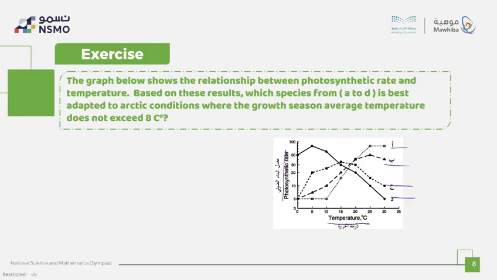So let's analyze the graph again. On the graph, species A shows its highest photosynthesis at very low temperature and decreases as temperature rises. This means A is adapted to the Arctic cold environment.